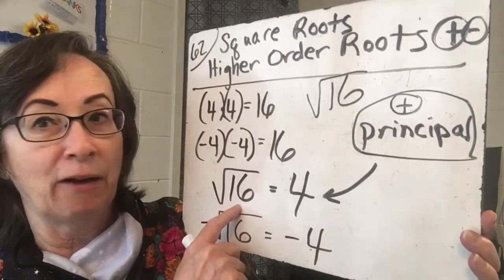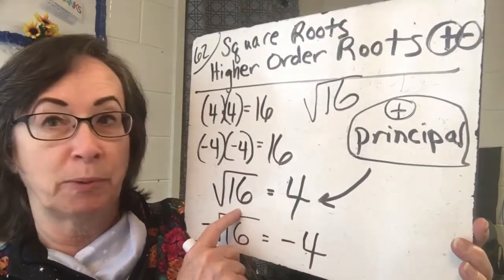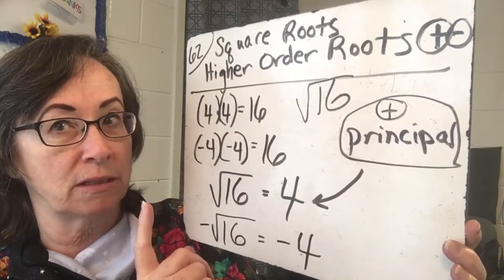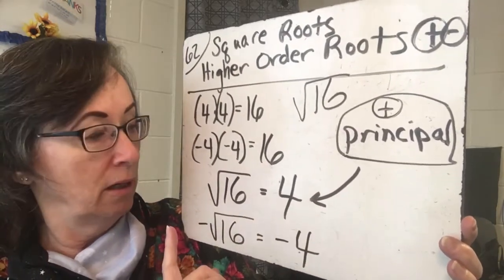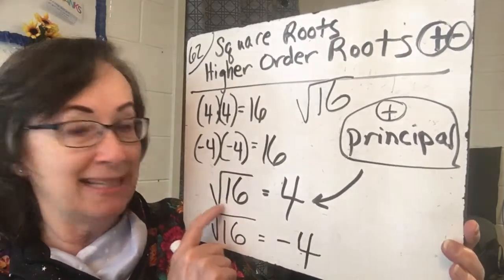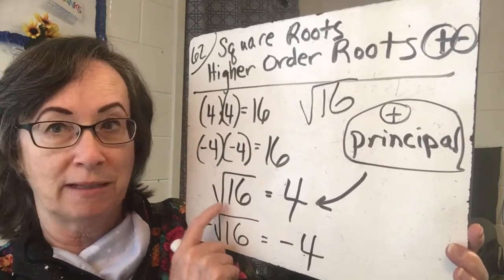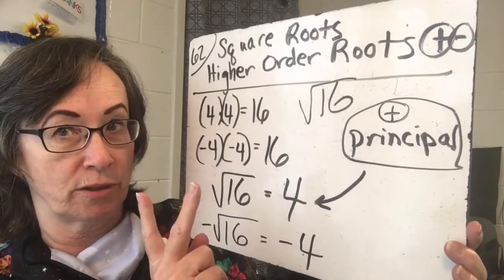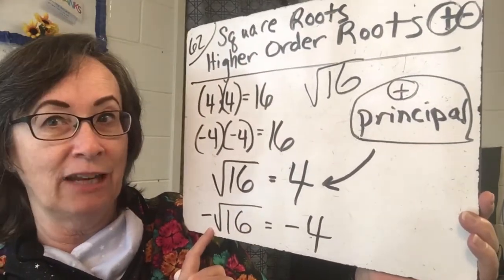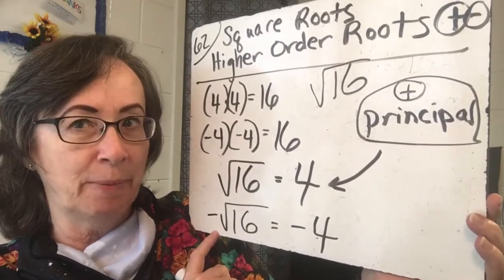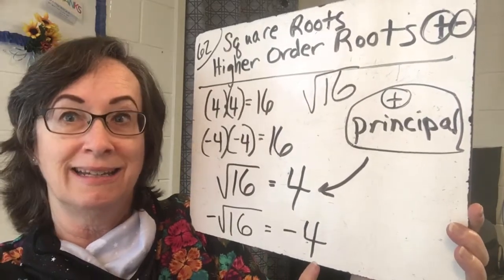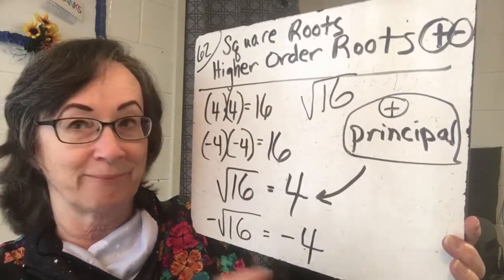So if I wanted 4 as the answer, I would put square root of 16, because although 16 has 2 square roots, positive and negative 4, all across the world universally we have come to accept that when I see that radical, that means the positive of the 2 square roots. Okay, so that would be 4, and if I needed negative 4, I would put the negative outside, meaning the opposite of the principal square root, the negative of the 2 square roots.